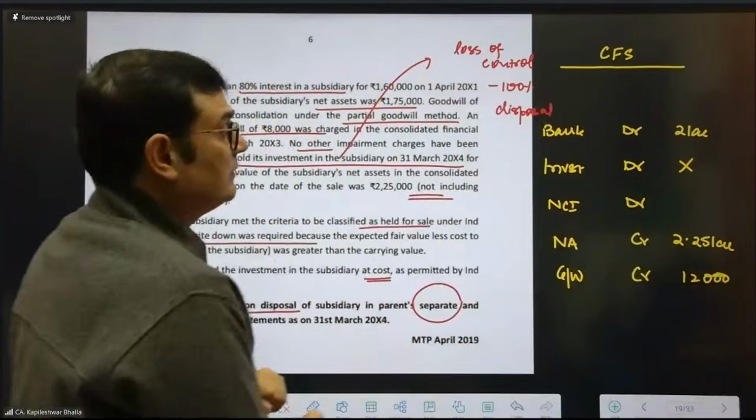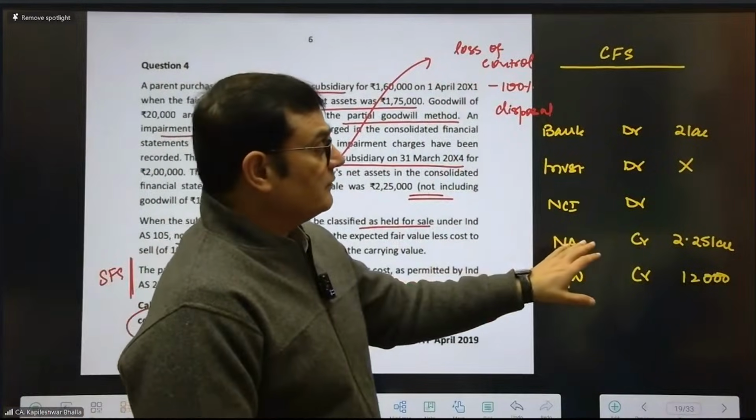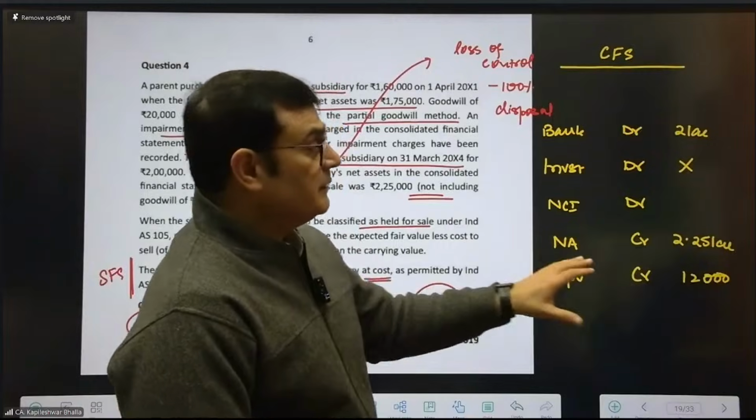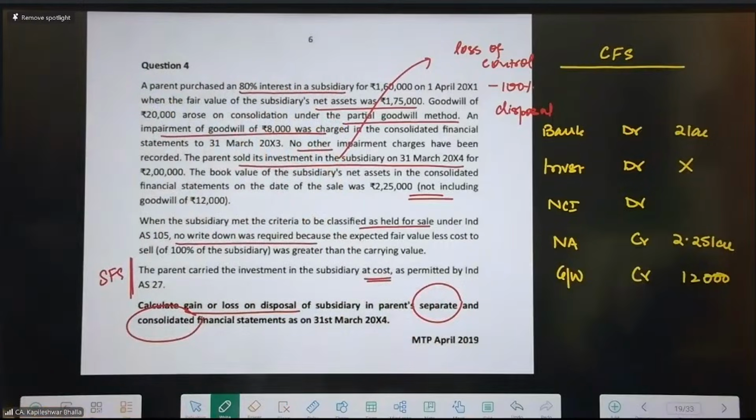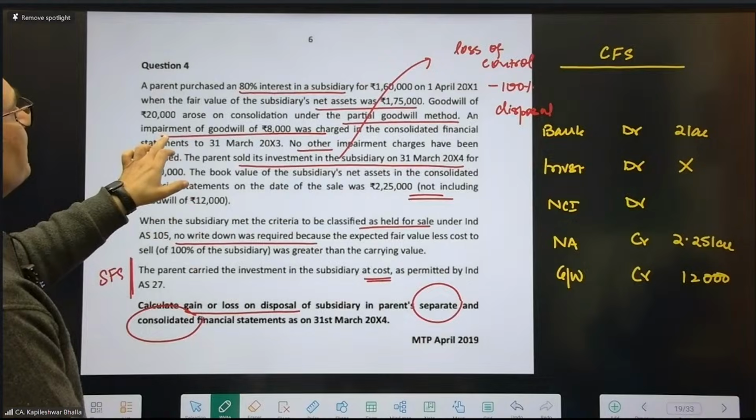Everything is very clearly given. The sale proceeds are given. The net assets on the date of sale are given. The goodwill, which is post the impairment, is given. And what about the NCI? Am I given the status of the NCI in this case? It only says that the NCI is taken at proportionate share.